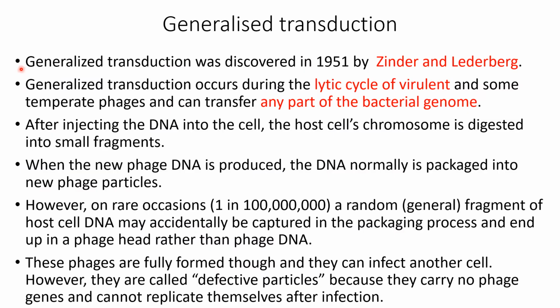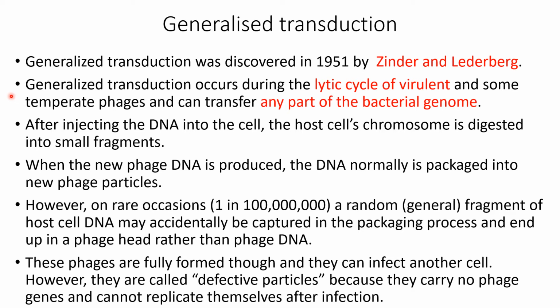There are two types of transduction that are seen in nature. One is called generalized transduction and the other one is called specialized transduction. First, let us see what is generalized transduction and how it takes place. Basically, generalized transduction was accidentally discovered in 1951 by Zinder and Lederberg, and generalized transduction usually occurs during the lytic cycle of virulent phages.